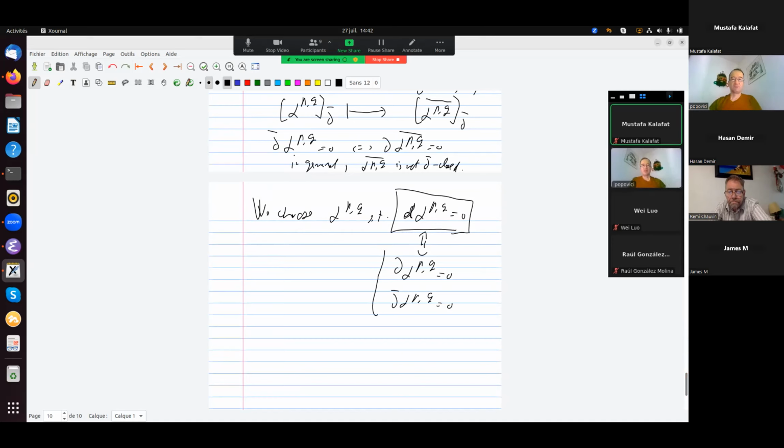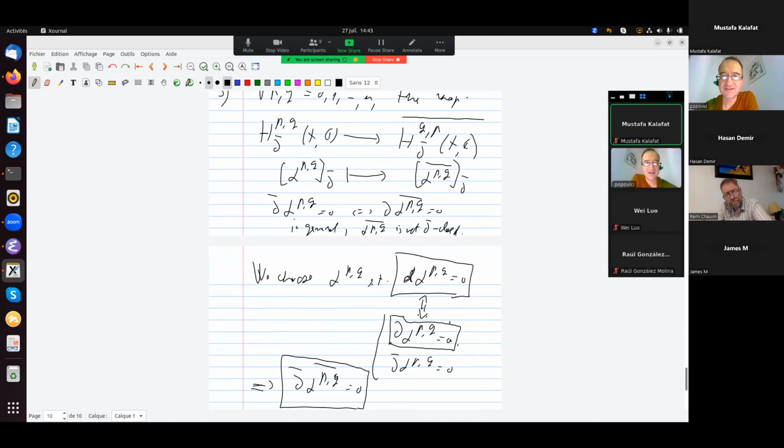Now if I take the first property, the one saying that it's del closed, this implies by conjugation that D-bar of alpha PQ bar is 0. So alpha PQ bar now defines a Dolbeault class.